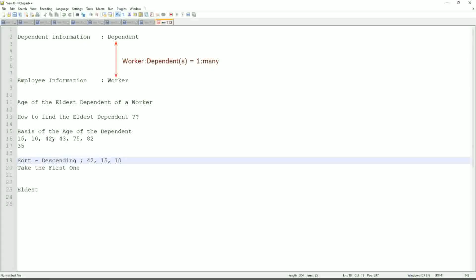Only one problem: if there are multiple dependents with the same age. If there are only children as dependents, and there is a twin of the same age, at that point it becomes difficult, but other than that it is more or less foolproof.